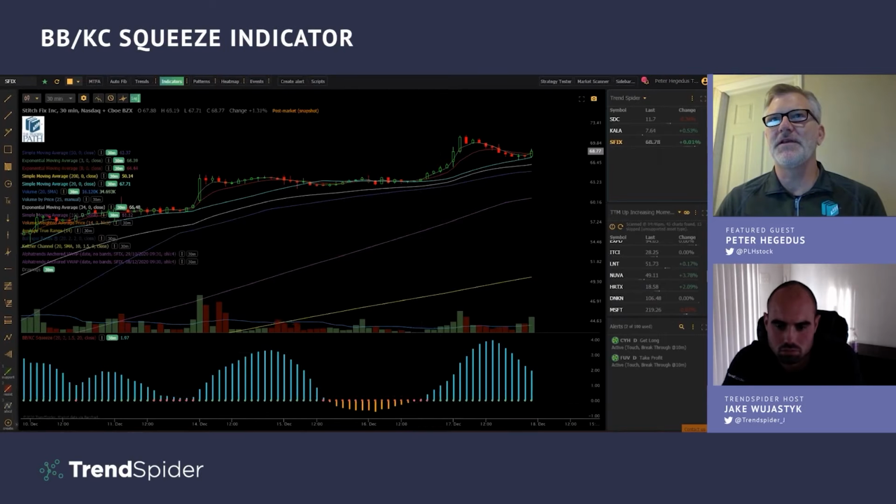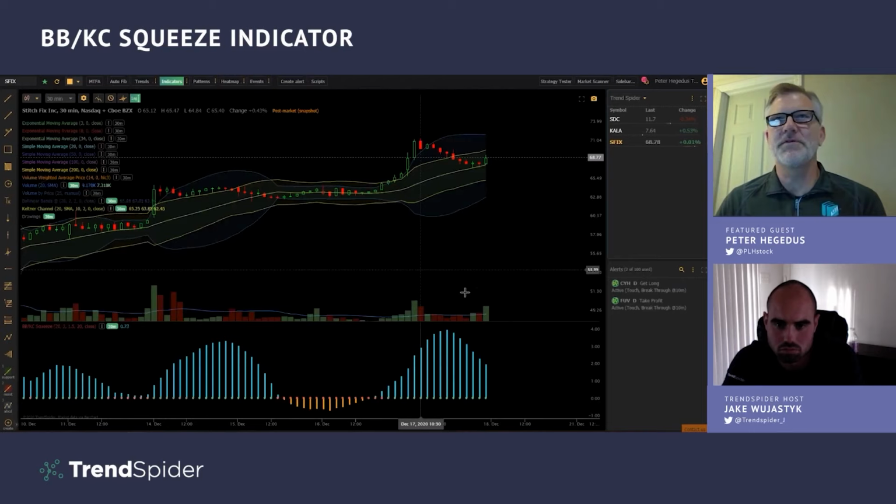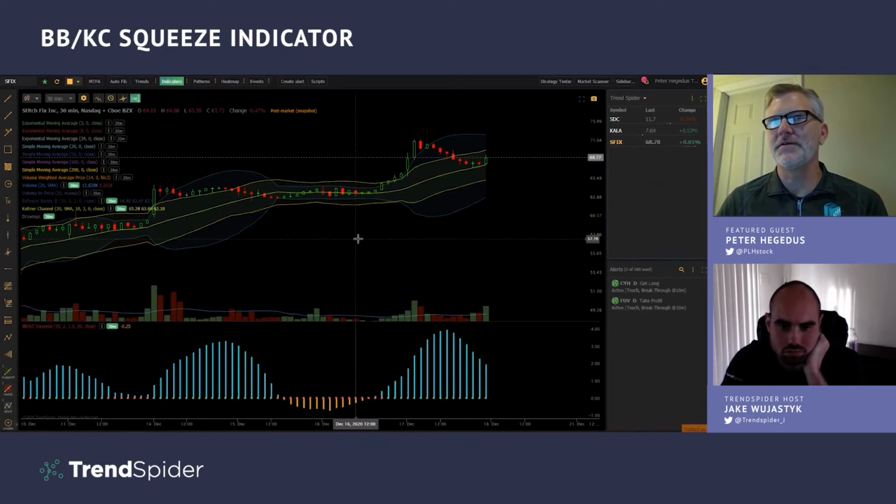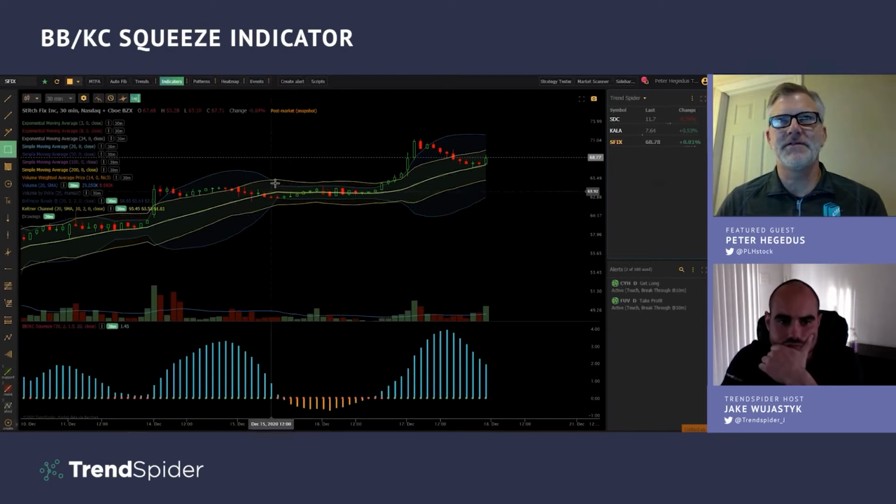What's really interesting is if I go over to a different workspace here, I have just a blank chart. I've taken all my other upper indicators off, other than the Bollinger Bands and the Keltners. This helps really visualize why this works. If I look at the period in the squeeze, right in here, what's happening?